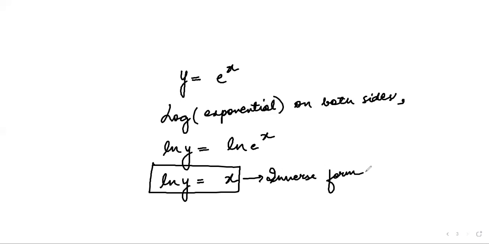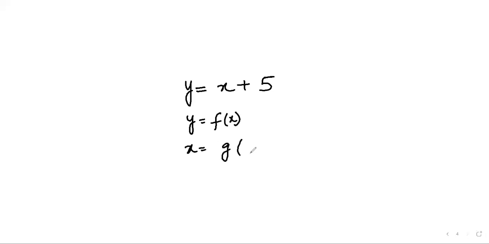Do we agree? How do you get an inverse form of anything? Very simple. We have done this as part of the range, domain, sets, etc. If we write y is equal to x plus 5, and this is my function, y as a function of x, then the inverse form is x as a function of y.